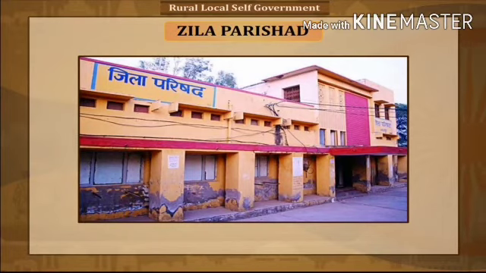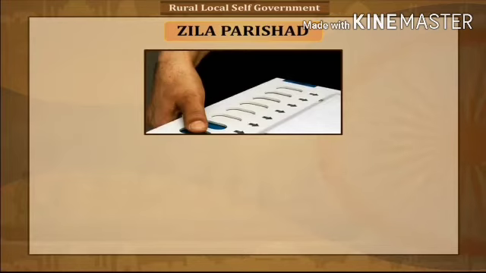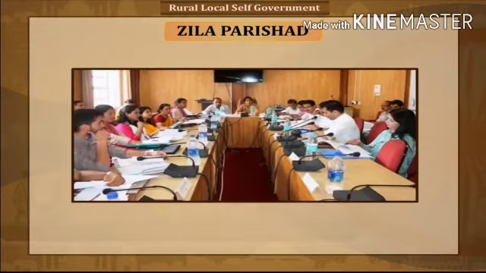Members of Zilla Parishad consist of the chairpersons of Block Samiti in the district, members of the central and state legislature of the district, representatives of scheduled caste, scheduled tribe and other backward classes, and some women representatives. The Zilla Parishad elects a president and a vice president from among its members. They can be removed through a vote of no confidence.